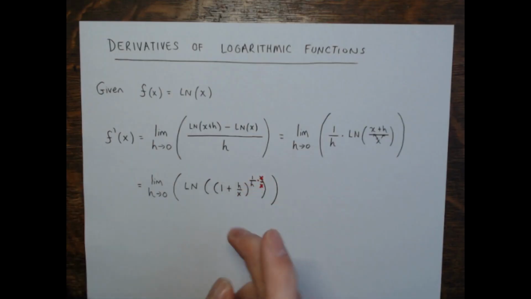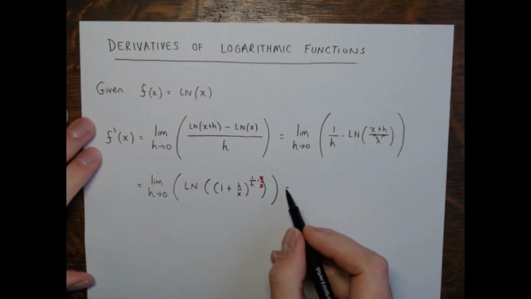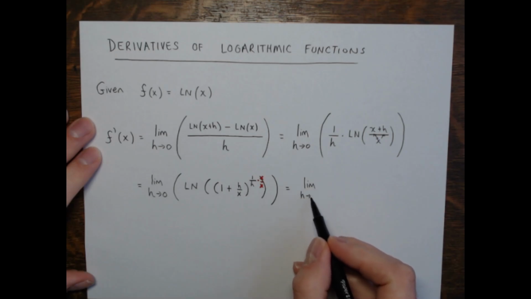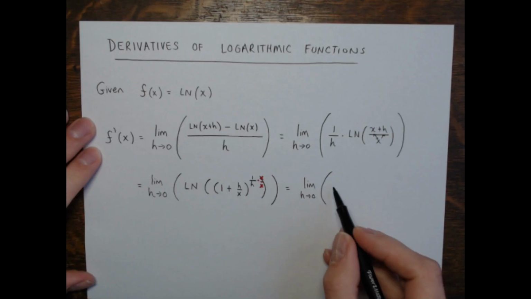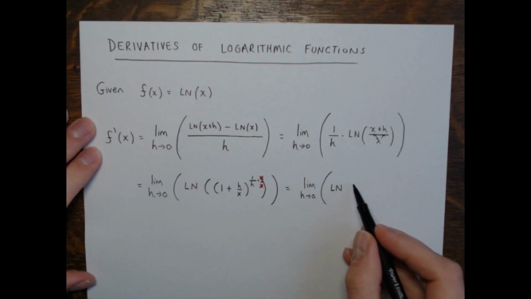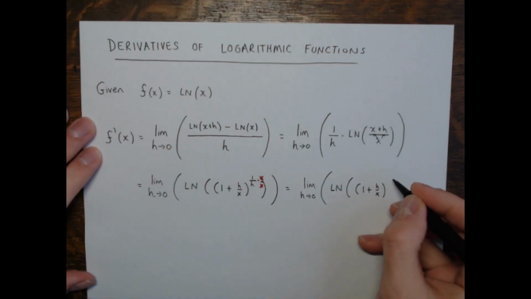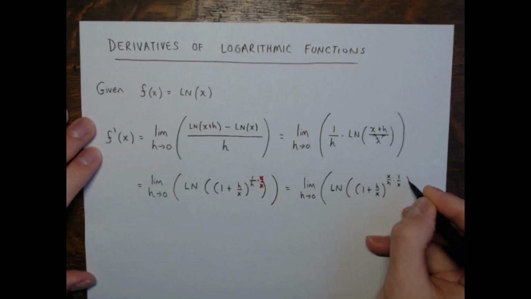I'll get x over h, then times 1 over x. So we have the limit as h approaches 0 of the natural logarithm of 1 plus h over x raised to the x over h times 1 over x power.